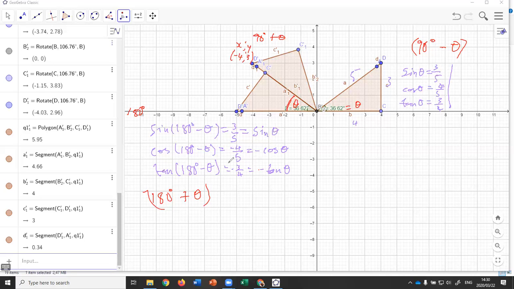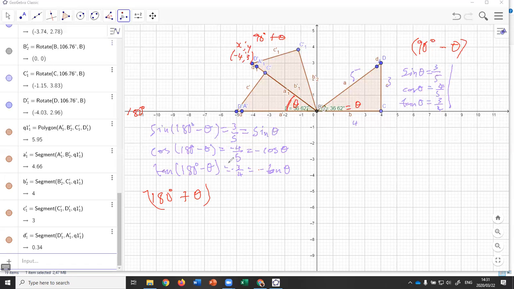I hope you are having some fun here. You can see it's just a matter of rotating the points. So what does this mean, guys? It means sine 36.62, which is 0.596, must give me the same value as sine of 180 minus 36.62.